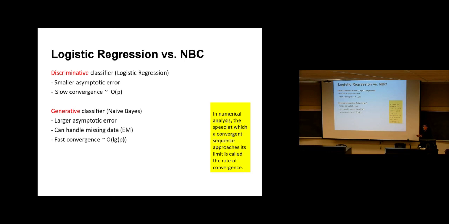But the generative classifier, in this case LDA, converges to the asymptotic classifier at a rate of log p. So in summary, the generative classifier has a larger asymptotic error but converges faster to it. The discriminative classifier, logistic regression, has a smaller asymptotic error but converges slower compared to its generative counterpart.